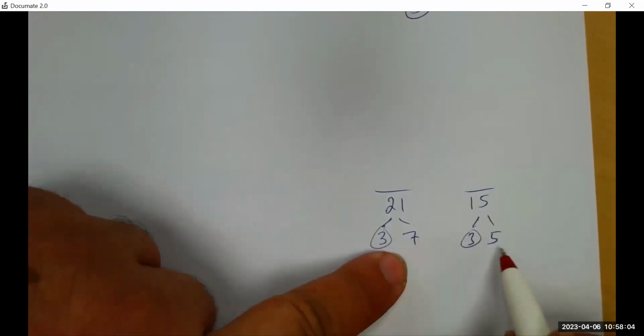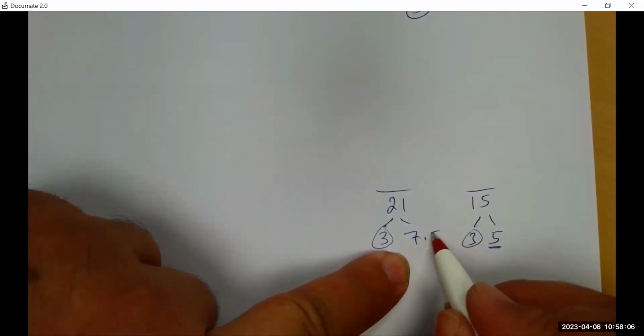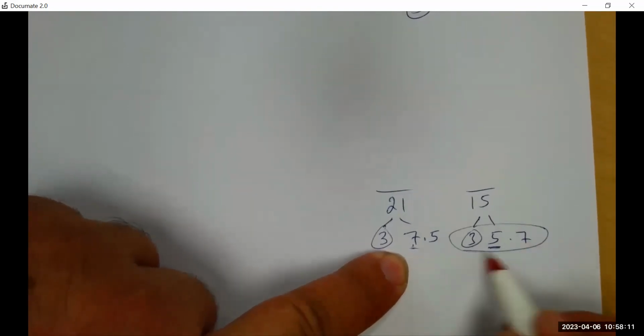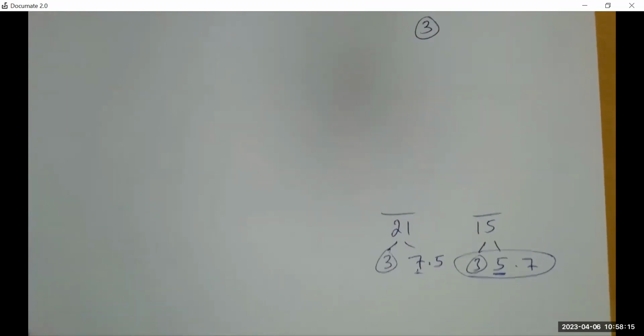They both have a 3 in common. This one needs a 5, and this one needs a 7. So that's your LCD.